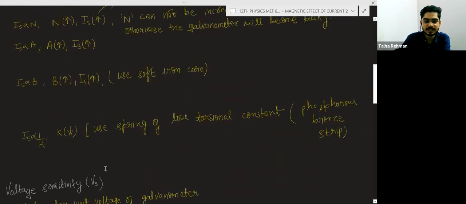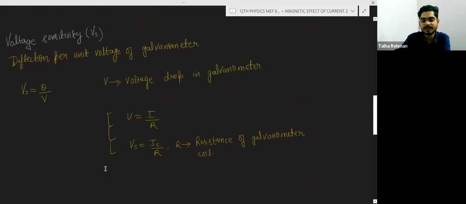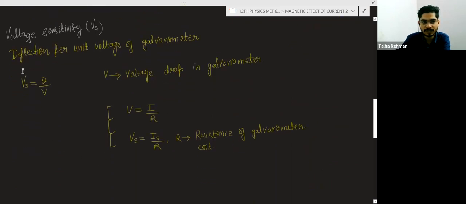Now voltage sensitivity. Voltage sensitivity is the same as the current sensitivity in terms of formula: deflection in the galvanometer divided by the voltage of the galvanometer. This voltage sensitivity is represented by V suffix s as theta divided by V. Theta is the deflection, V is the voltage drop in the galvanometer. So what is V?